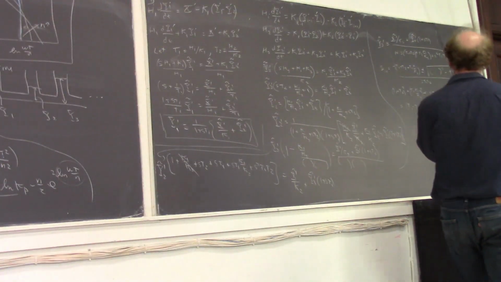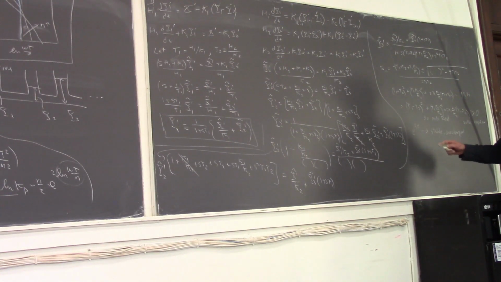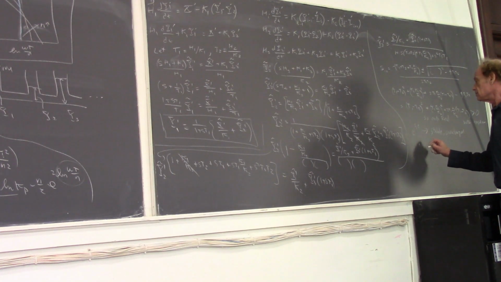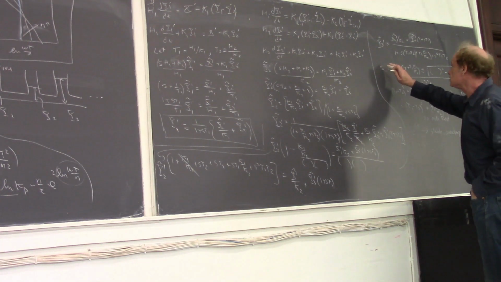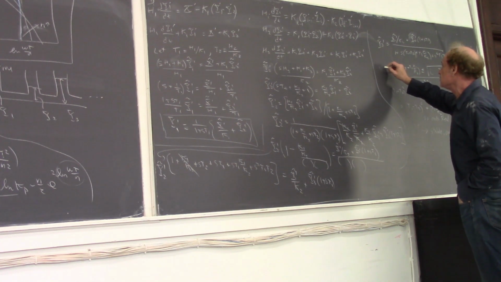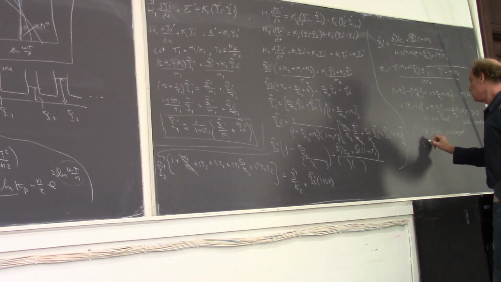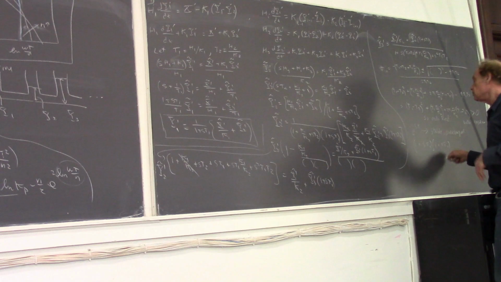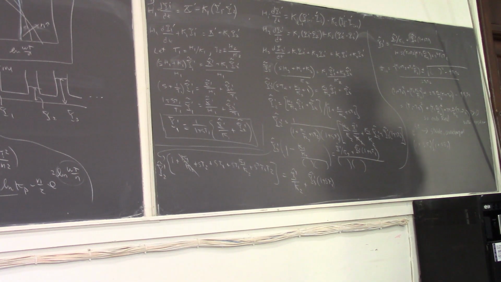Well, you can notice that since this is a quadratic, I can write this as 1 plus s sigma 1 times 1 plus s sigma 2, where I call these roots sigma 1 and sigma 2.